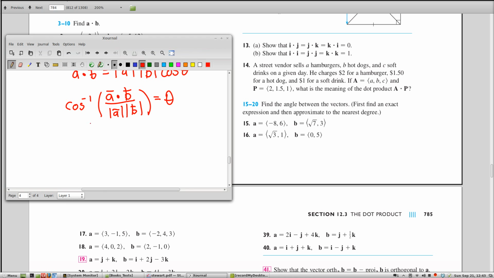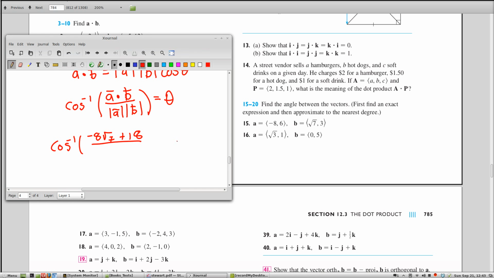So what is the answer for number 15? We're going to need to figure out the inverse cosine of, let's do the dot product on top, so that'll be, oh my god, it's going to be just god-awful. Minus 8 times the square root of 7 plus 18. And what is the magnitude of this?